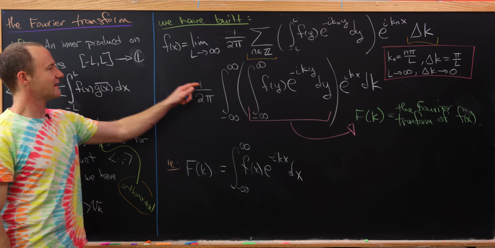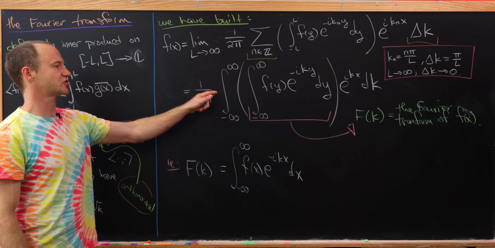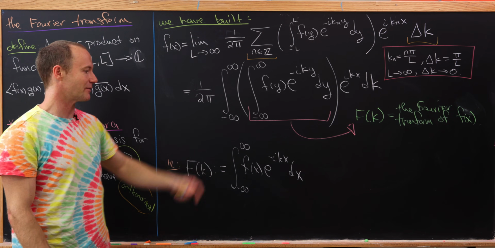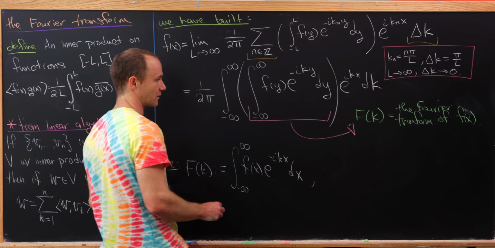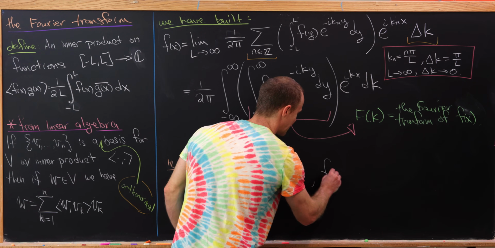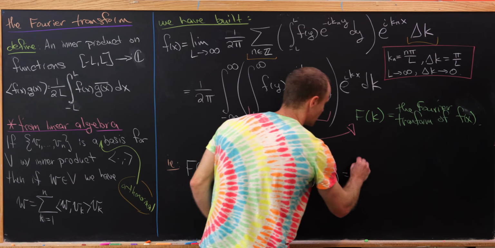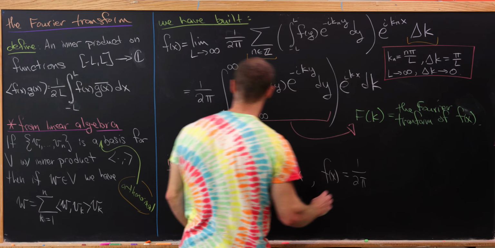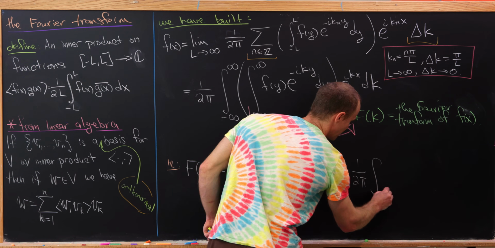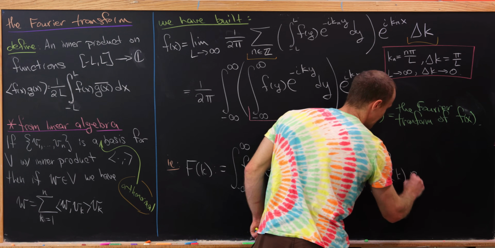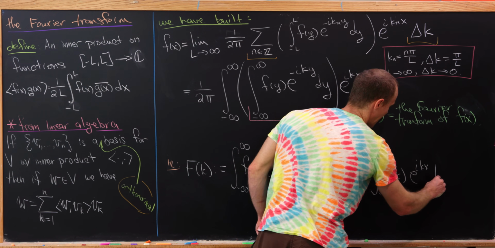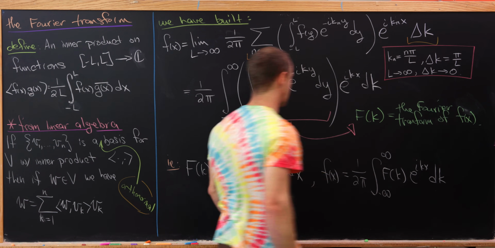But then reading this entire picture right here with the f hat of k plugged in, we get something called the inverse Fourier transform. And that would be writing f of x as 1 over 2 pi, and then the integral from minus infinity to infinity of f hat of k e to the i k x dk.